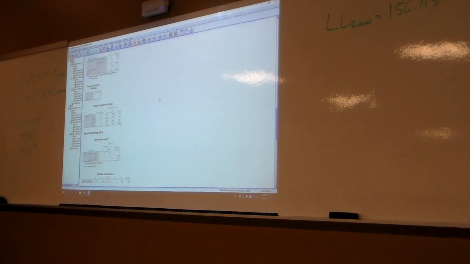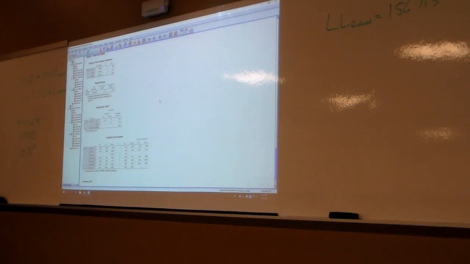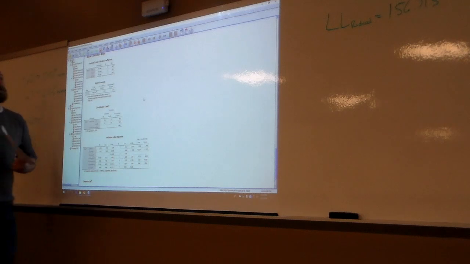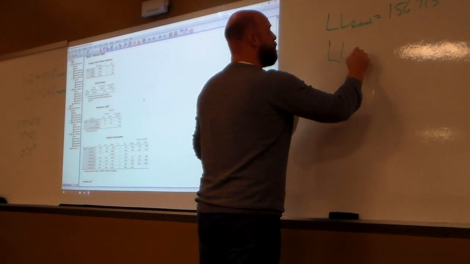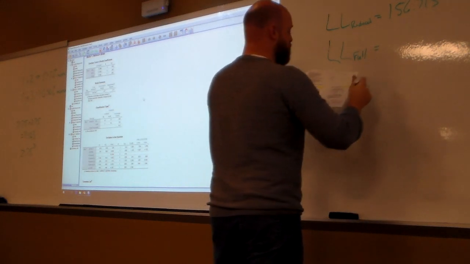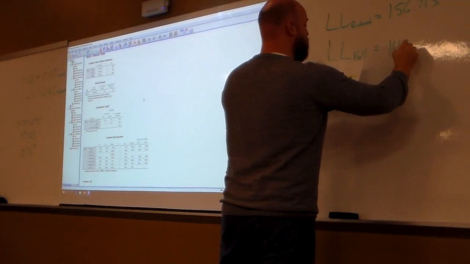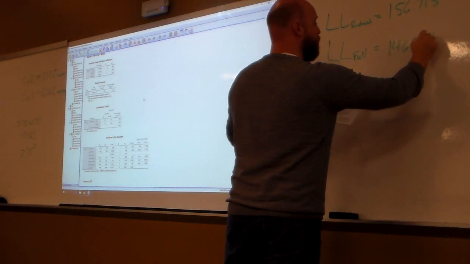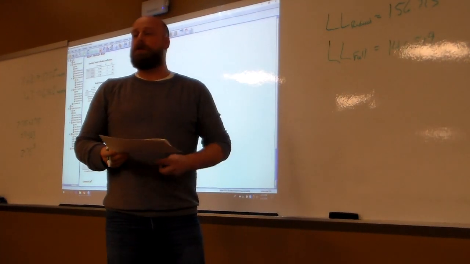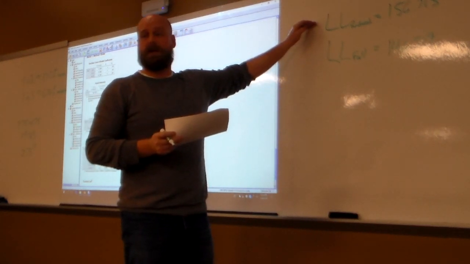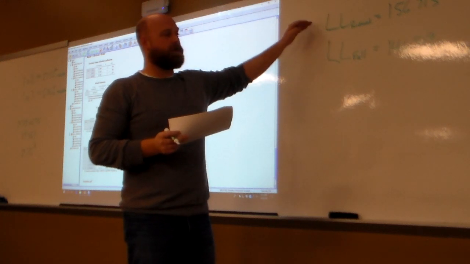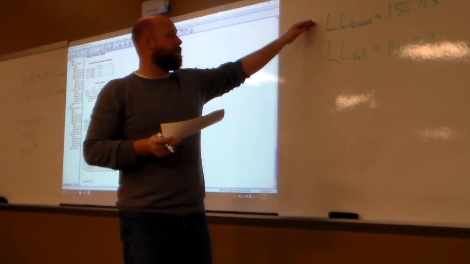And so if I go down through and take a look at the log likelihood for my full model, this is my model that has all of my variables in it. So the log likelihood value for my full model is going to equal 146.519. Okay. So this is the fit of my model with just my two predictors, my categorical predictor and my number of impact statements.